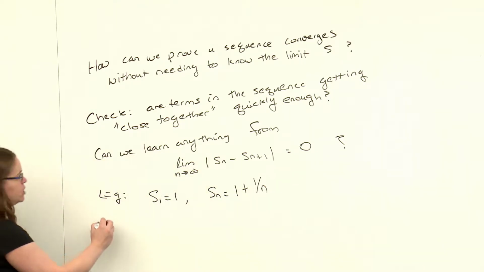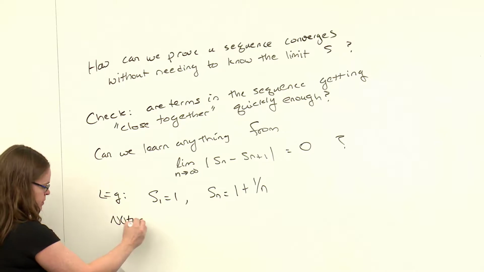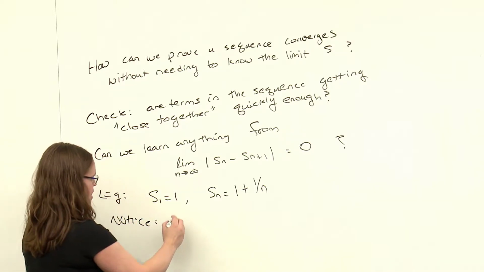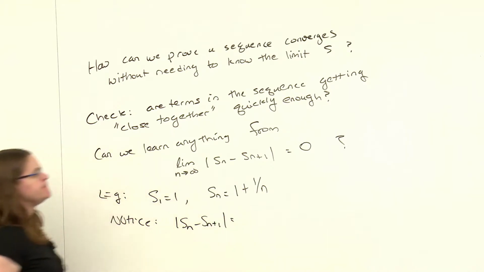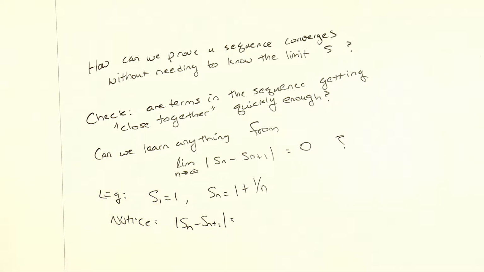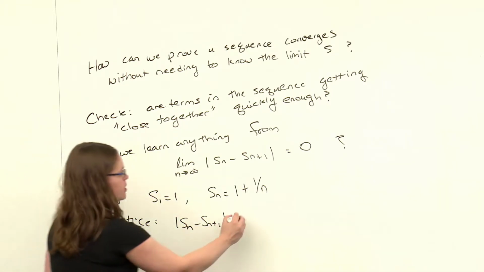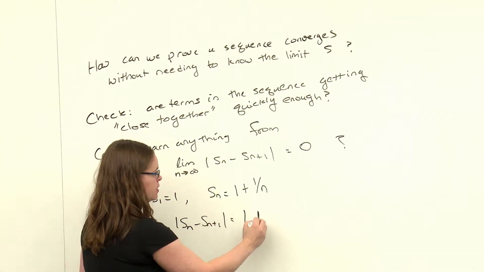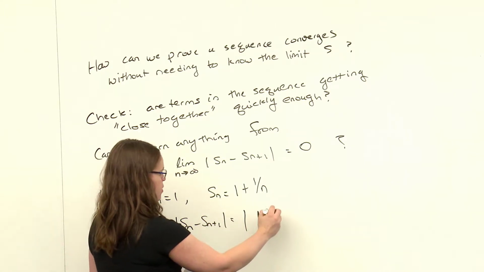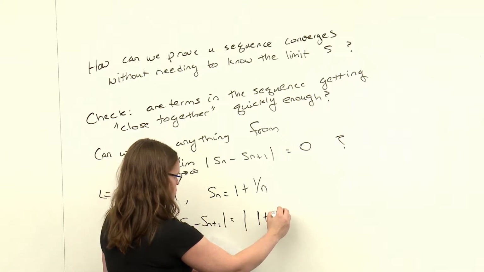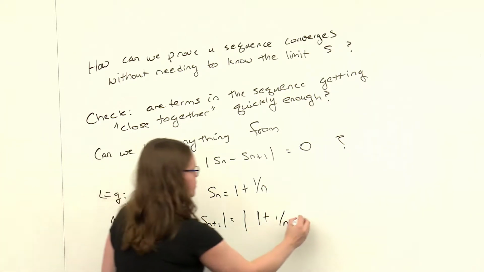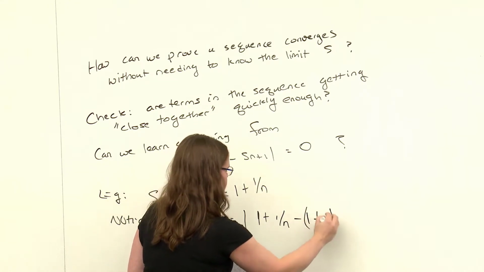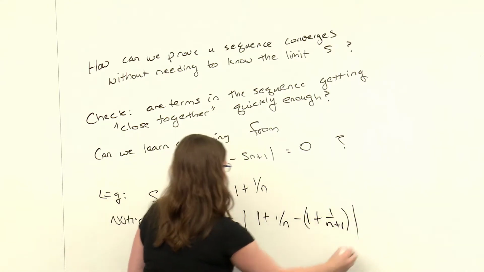Okay, and we can check that Sn minus Sn plus 1, right, is going to be 1 plus 1 over n minus 1 plus 1 over n plus 1.